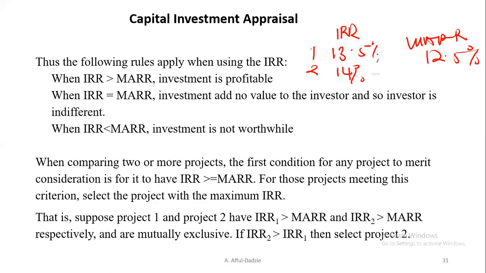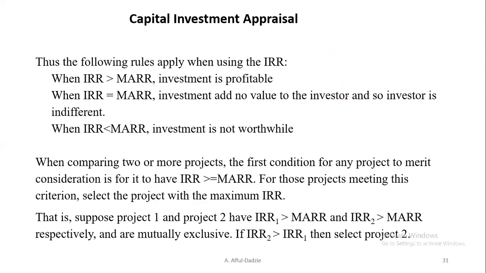You see that the IRR for project 1 is greater than this. This is also greater. Both of them have passed the first test of comparing the IRR and the MARR. So both projects in the eyes of the company are viable, but which should we actually select? We would select this one because it has the higher IRR.